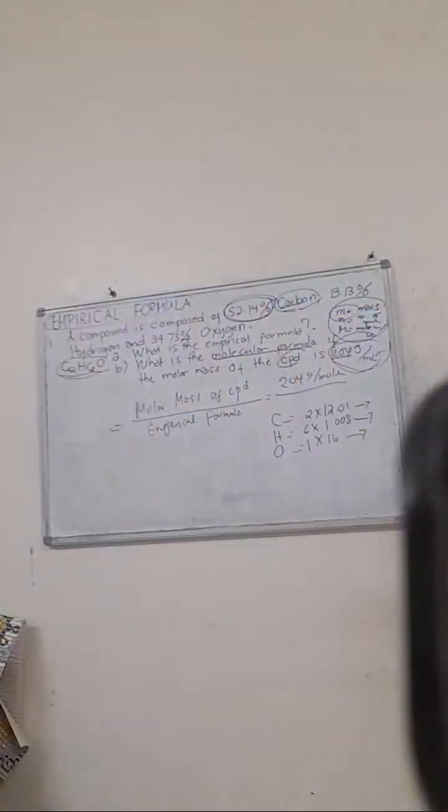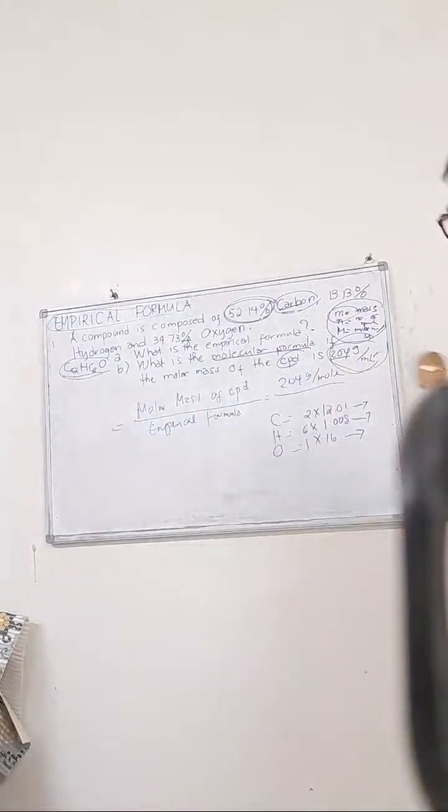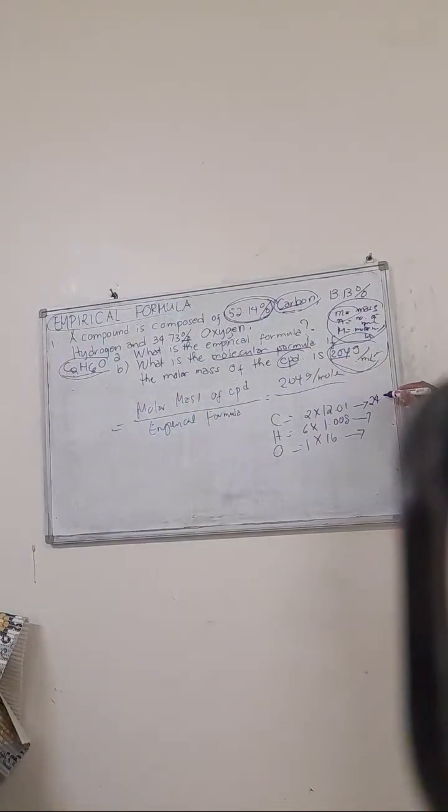Sometimes we're really confused; it's not perfection. So 2 times 12.01 is 24.02. Meaning you also need to get the molar mass of your empirical formula. That is your denominator.